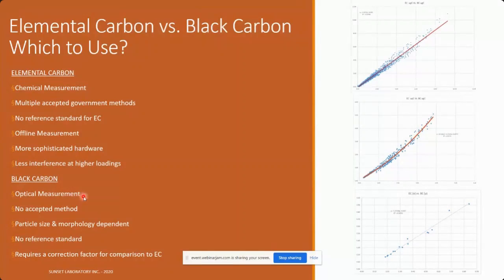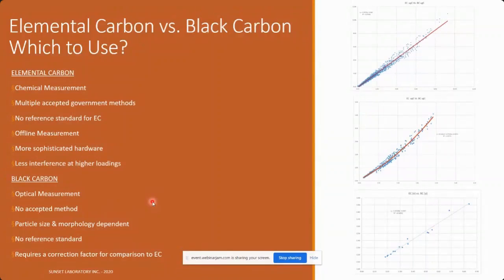To the best of my knowledge, there still exists no accepted method for the measurement of black carbon. It is at this point driven by instrument manufacturers. Also, particle size and morphology can contribute to the measurement and how it differs.